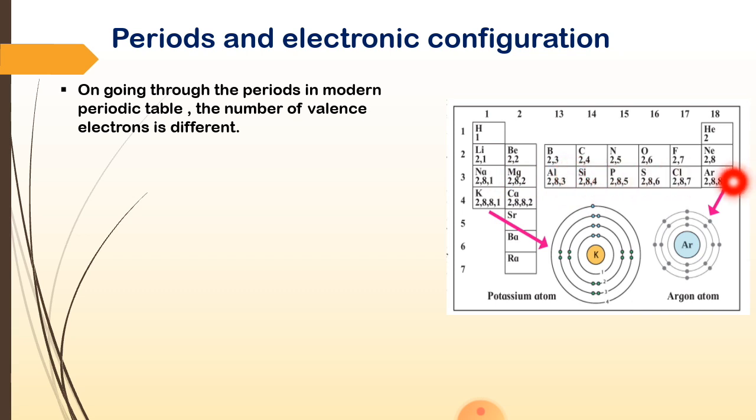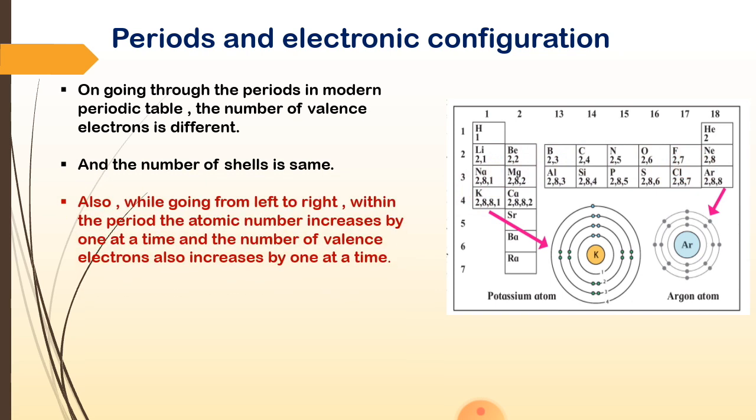So there are differences in the valence electrons while going from left to right in a period, and the number of shells is the same. You can see there are 2 shells, here also 2 shells, here also 2 shells, and so on.